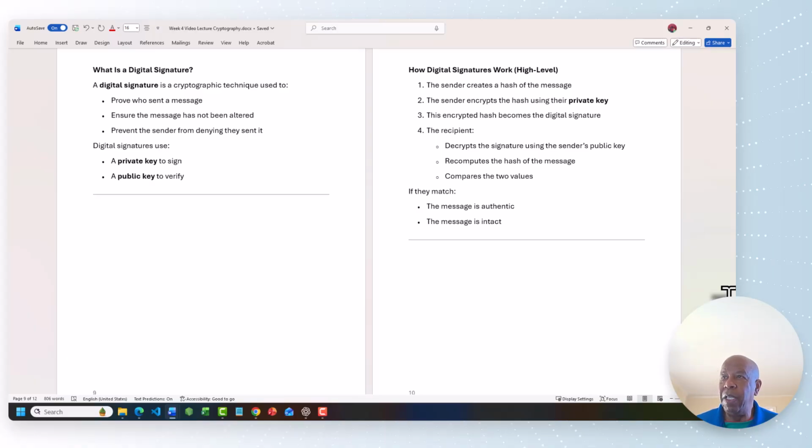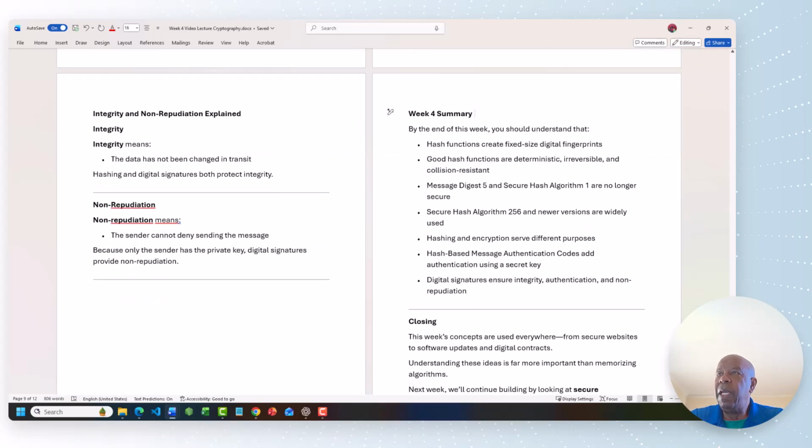One of the key things here is proving who sent the message, ensuring the message has not been altered, and preventing denial. If one of these fails, we know in this particular case. If they match, the message is authentic, the message is intact. Integrity and non-repudiation, explained.